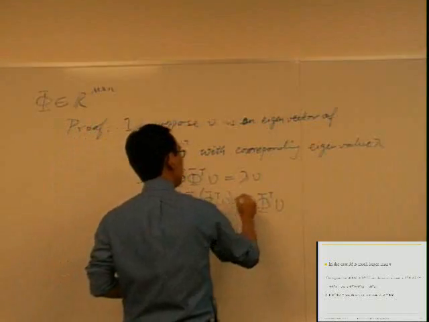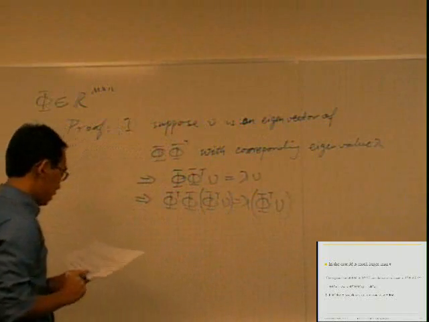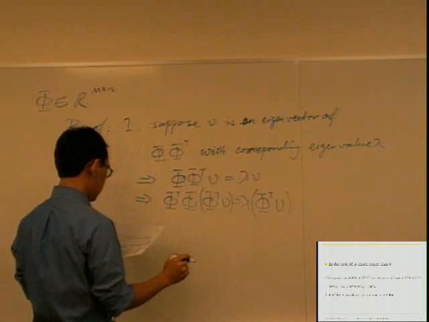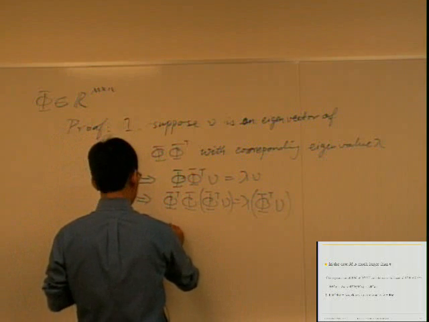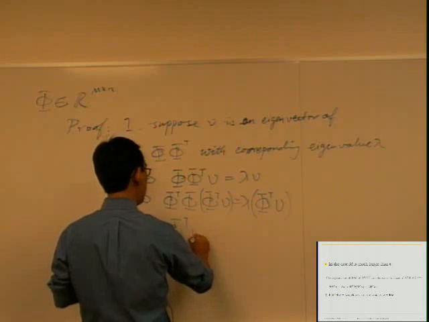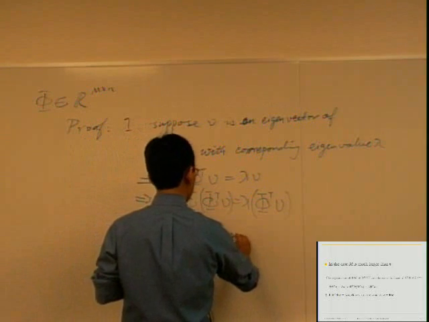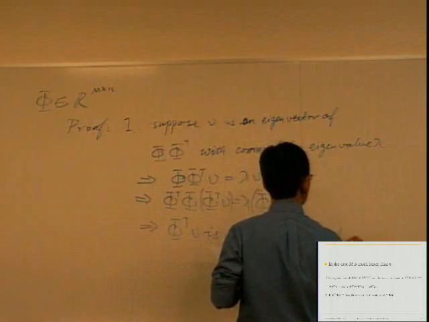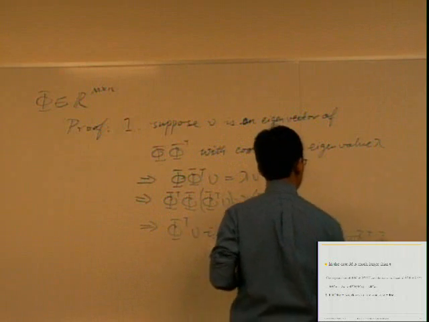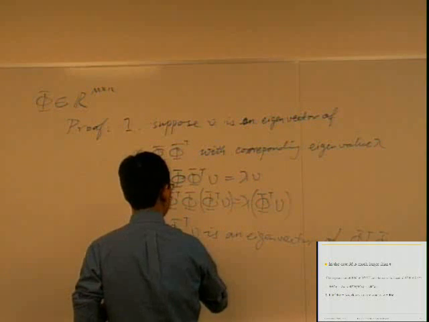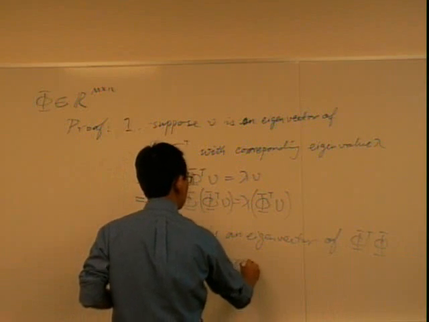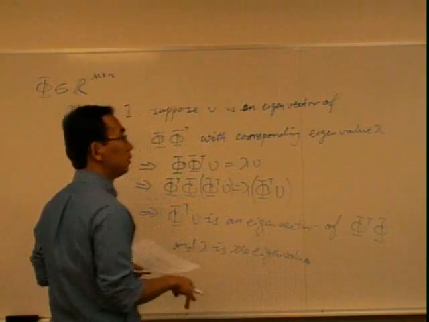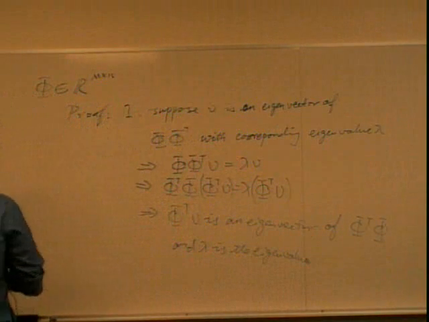You treat this one as a new vector, which means phi transpose v is an eigenvector of phi transpose phi, and lambda is the eigenvalue. Okay? So this is the first one.